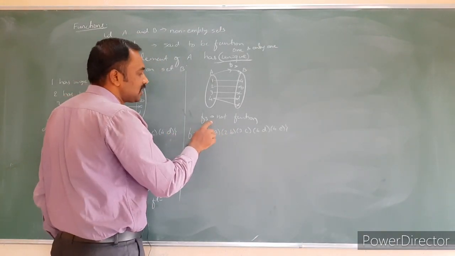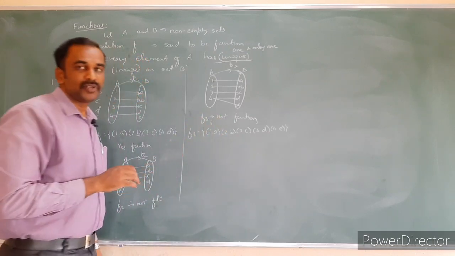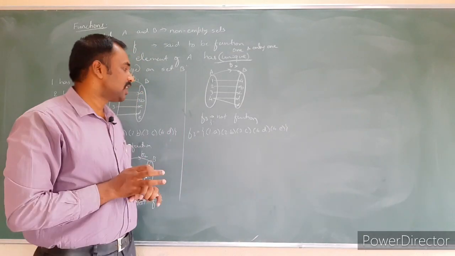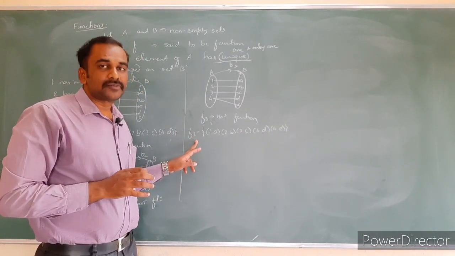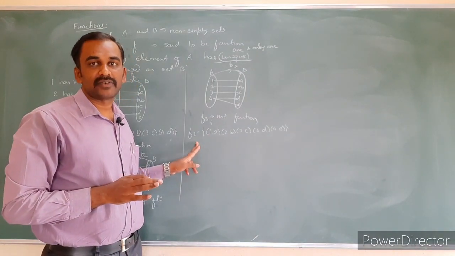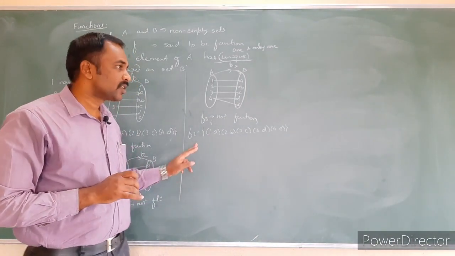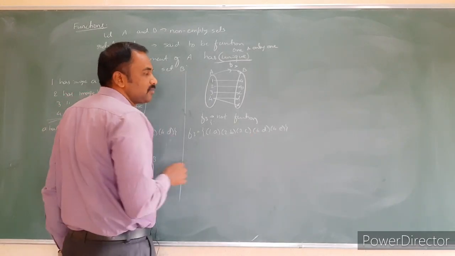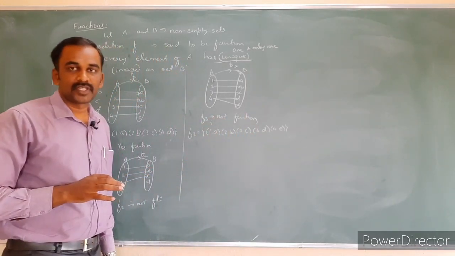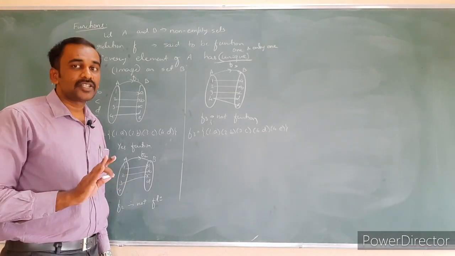So just mention the reason why it is not a function: because element 4 has two images. Next, whenever a roster form is given, how do we decide whether it is a function or not? Whenever the roster form is given, the first element of the ordered pair should not be repeated.